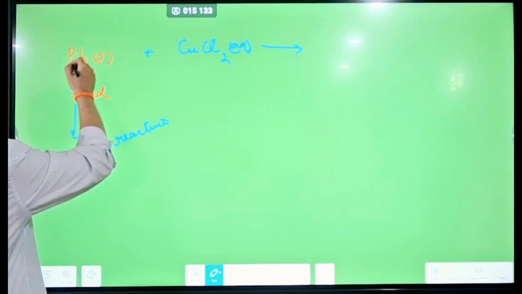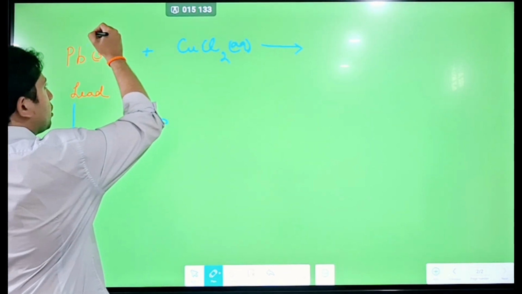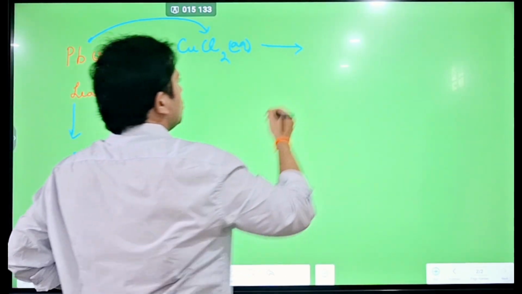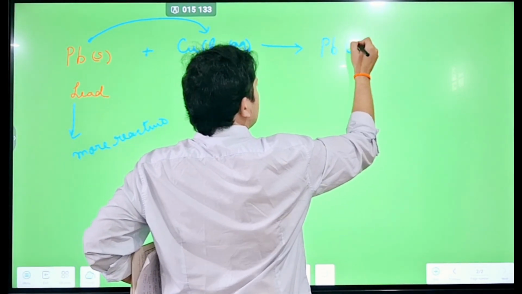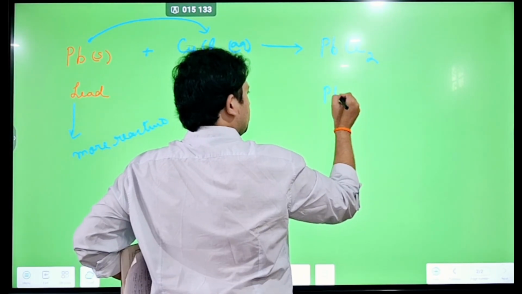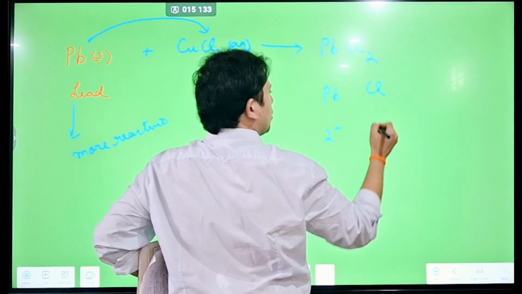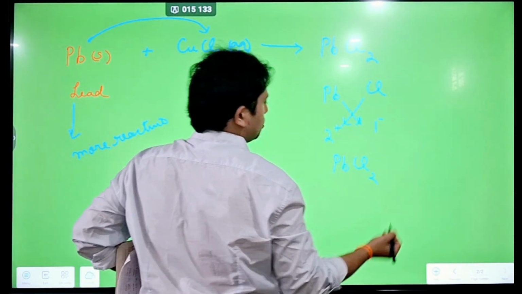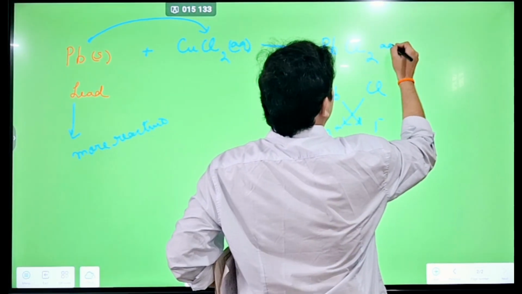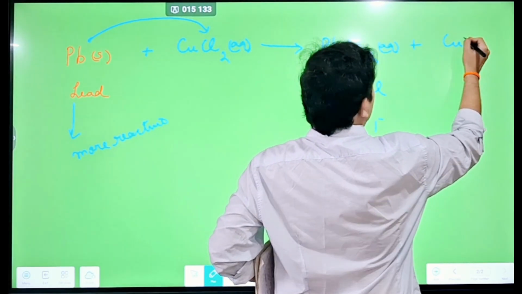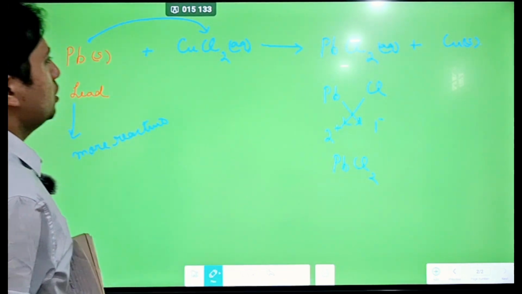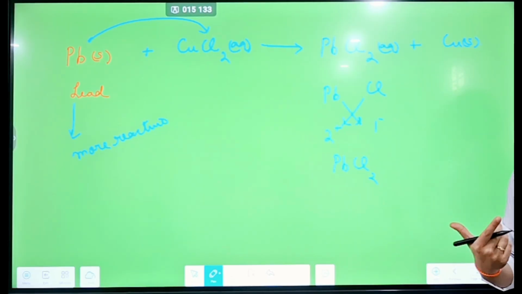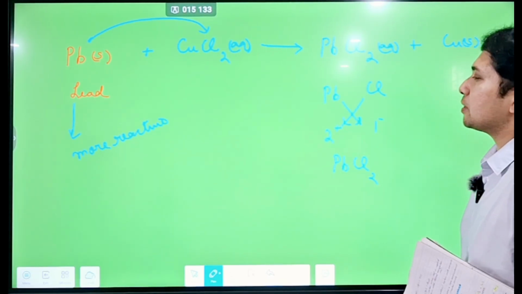So what will happen? Again, lead being more reactive than copper will get hold of chloride. So what will happen is PbCl2, since Pb has power 2 plus and copper has 1 minus, on crisscross we will get PbCl2, which is aqueous, plus copper, again copper will be left alone. Now we have come to understand what a displacement reaction actually is and what examples of displacement reaction look like.